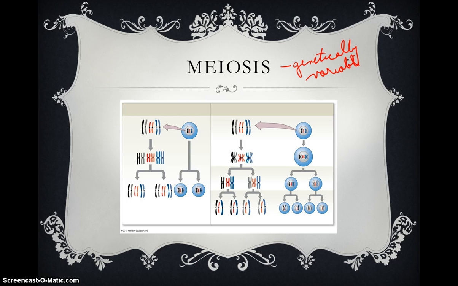What happens with the meiosis is that initially all of the chromosomes are doubled like this. Then they go through meiosis 1, which produces two cells with half of the number of chromosomes.